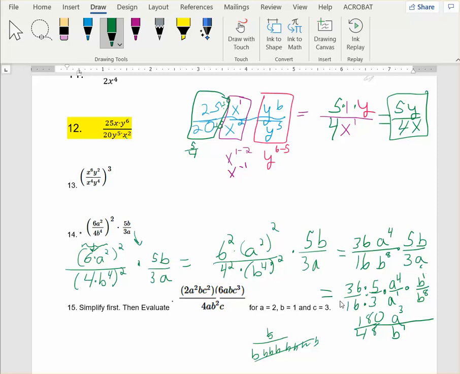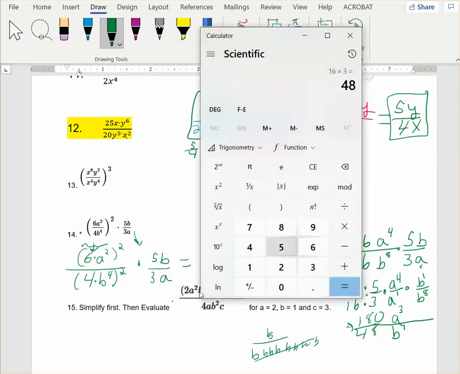All we have to do is simplify the number part, the 180 over 48. Let's see. They're both divisible by 2, of course, but probably by more than that. Let's see if 180 is divisible by 12, because I know 48 is. It is.